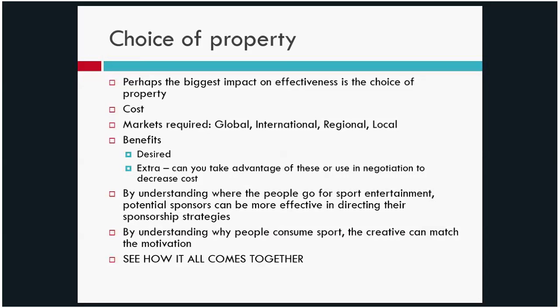Some black diamonds, double black diamonds, and people jumping. If I know where people go to get their entertainment and I know why people go there, I can be there when they look for it, and I can frame my creative in the same language that they want to hear it in, and not language in terms of English, French, or Spanish, language in terms of what their motivation is. See how it all comes together?